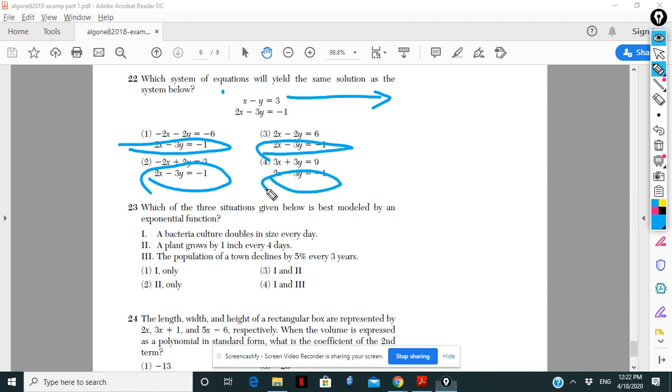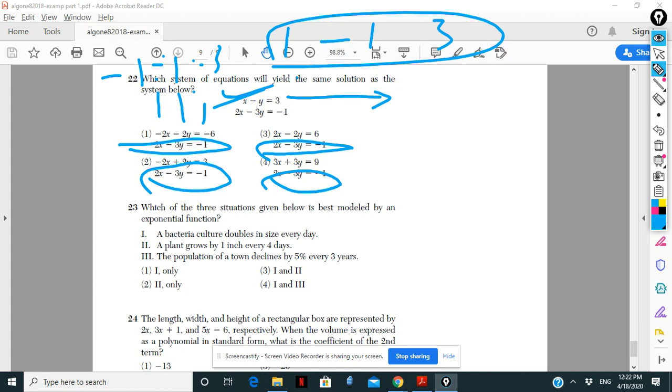So I'm looking for one that has the same values as the first one. Here's the ratio 1, 1, 3, the same as this one. But here it's -1, -1, -3. Here it's 1, -1, 3. So I'm looking for this ratio. Here is -1, 1, 3. In number 3, it's 1, -1, 3. So it's 3.